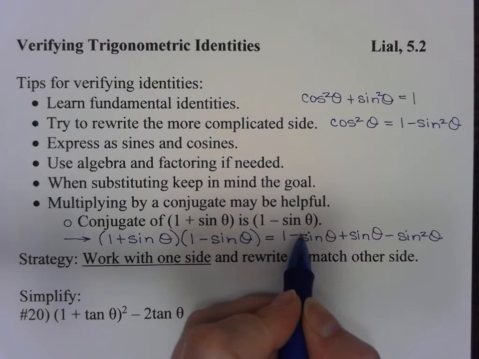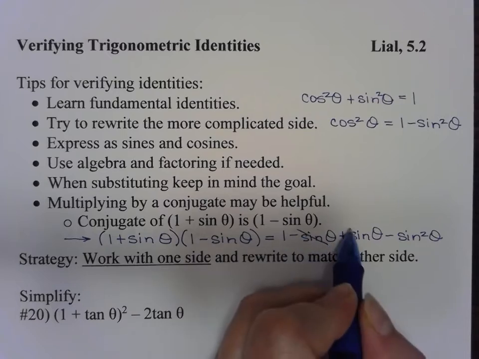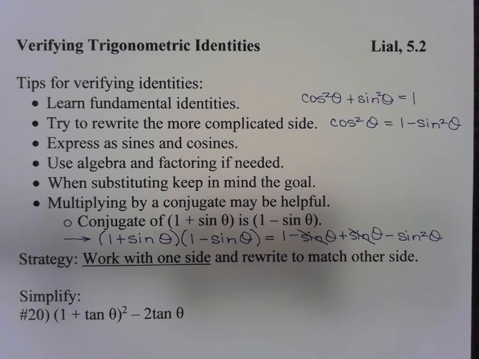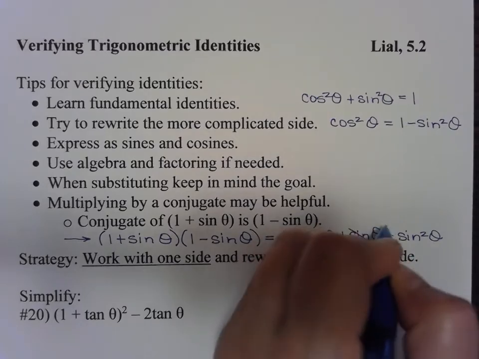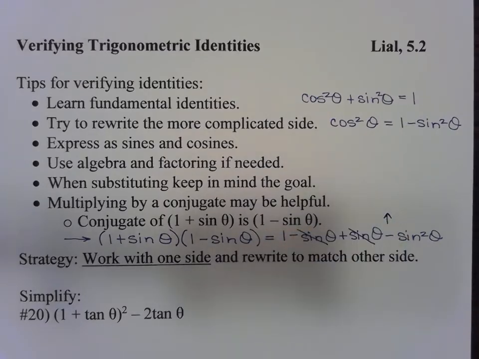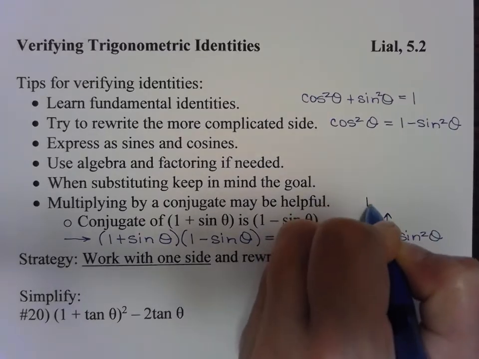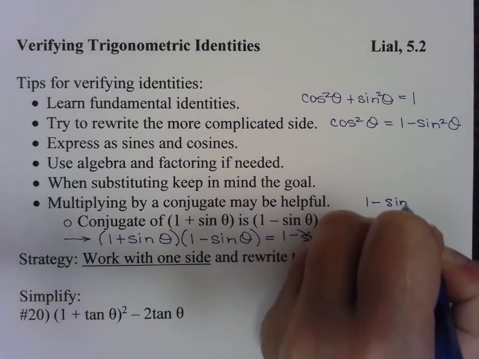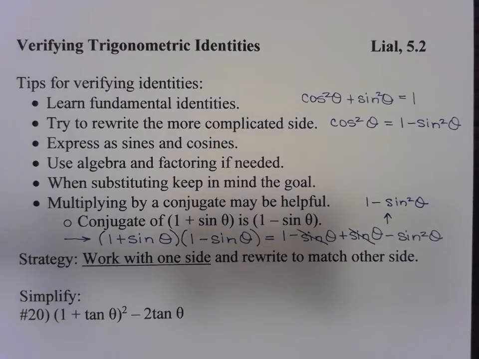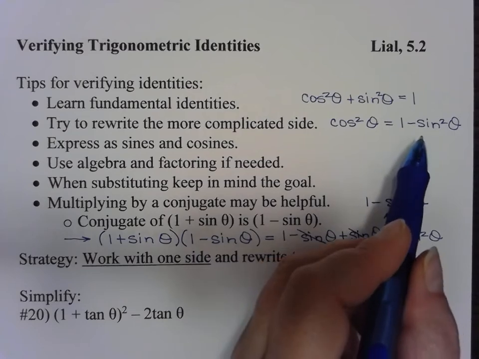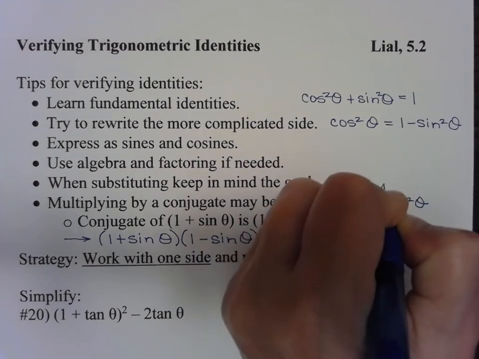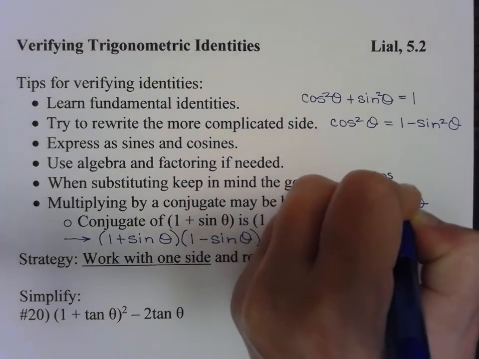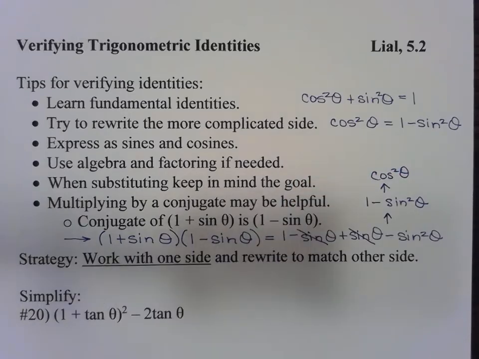The minus sine of theta and the plus sine of theta have opposite signs, so they'll add to 0 and cancel each other out. And because I'm out of space, I'm going to have to go up. So what we're left with is 1 minus sine squared of theta. And we have an identity for that. That's where I was going with that. So this is the same as cosine squared of theta.